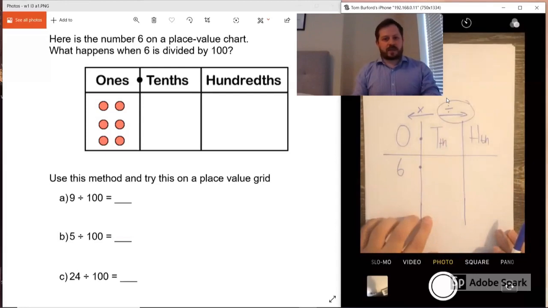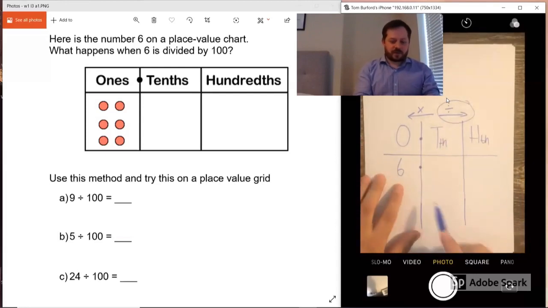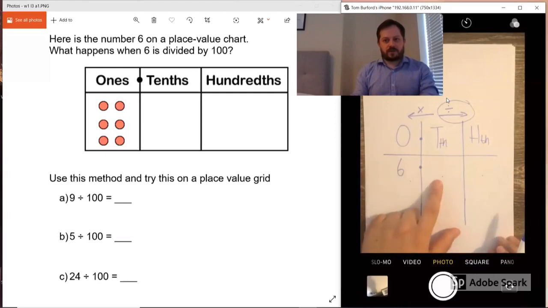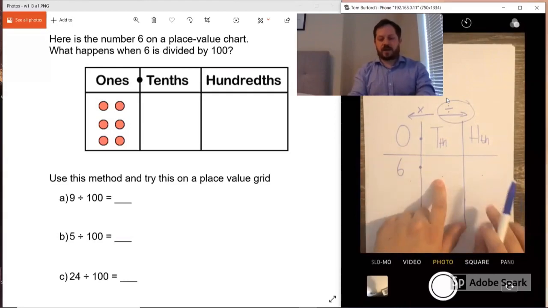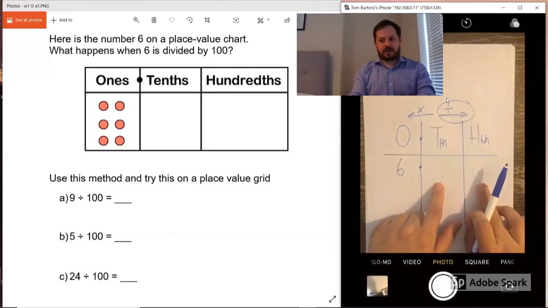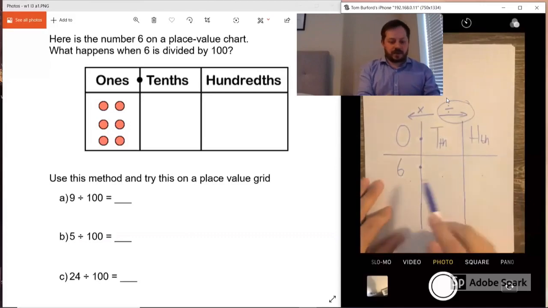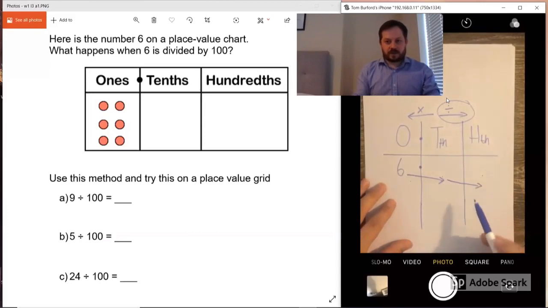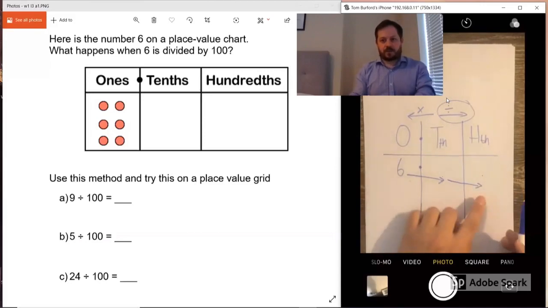Now, what we said is, when we're dividing by 100, we're moving 2 jumps, because first jump is 10 times smaller. The next jump is another 10 times smaller. 10 times 10 is 100. So here's 6. We're going to move it once to here, and then once to here. 1 jump, 2 jumps, 6 ends up here.